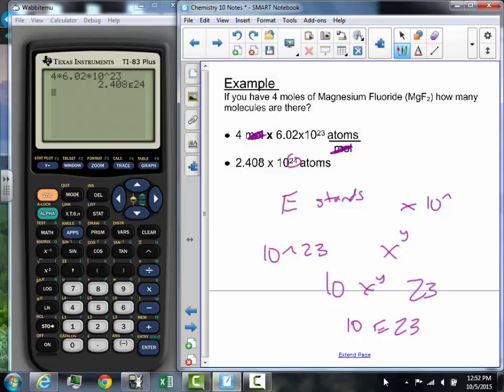And then you're going to want to times by 6.02, and also times by 4. You basically just have to do it in a backwards order. You have to do the power one first. Okay, any other questions on that in terms of calculator troubleshooting?